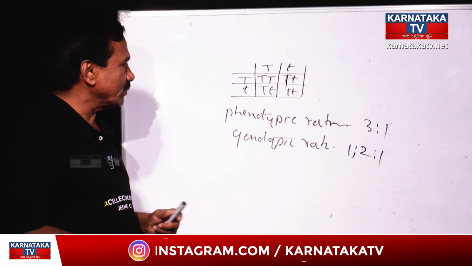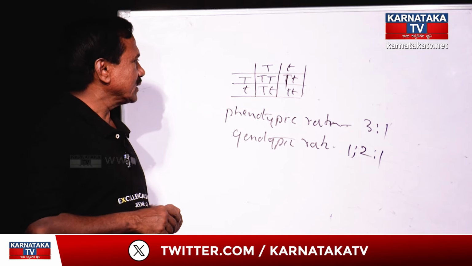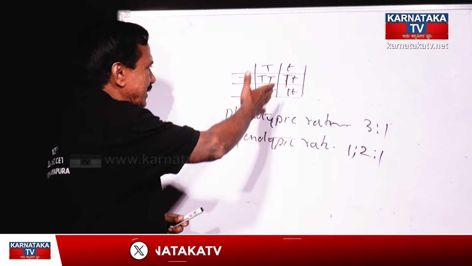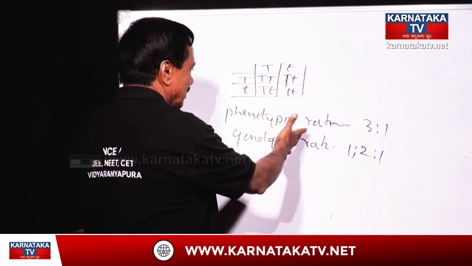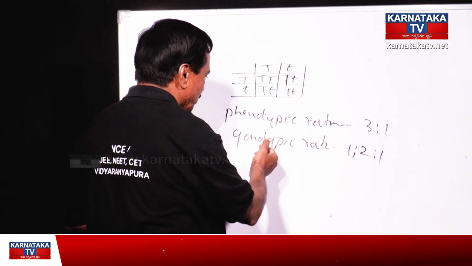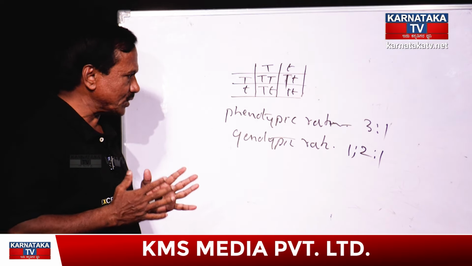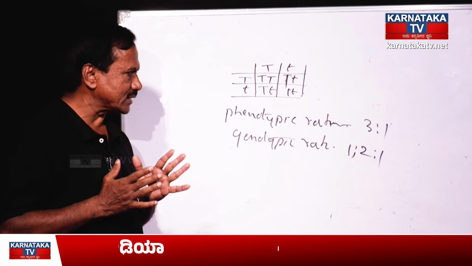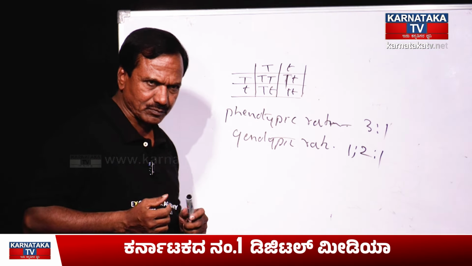Then you have to explain the things in 2 paras. Then you have to write the flow chart. Then ultimately the checkerboard. Finally, you have to write the phenotypic ratio 3:1 and the genotypic ratio 1:2:1. So this is the one gene inheritance experiment conducted by Gregor Mendel.